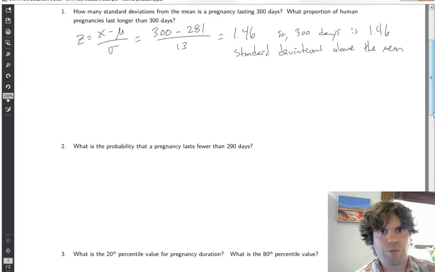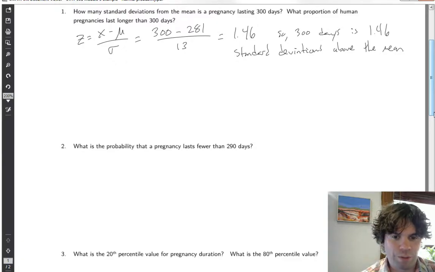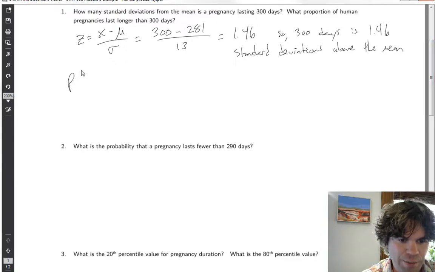Okay, the second part says what proportion of human pregnancies last longer than 300 days. This is equivalent to saying what is the probability that a human pregnancy will last longer than 300 days. So what we want, if I want to write it formally, is the probability that x is greater than 300.